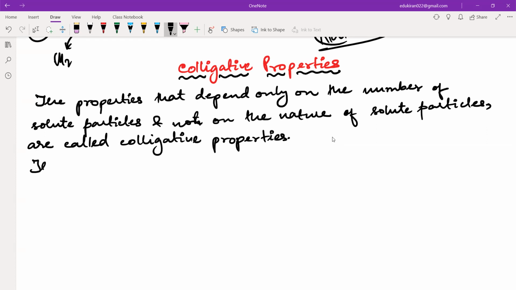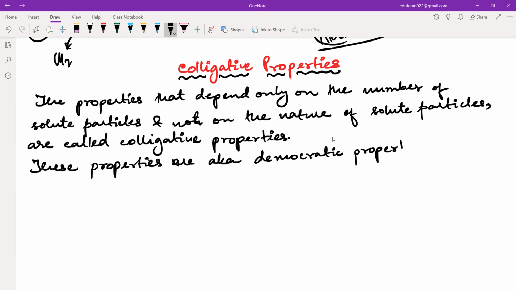Okay, these properties are also known as democratic properties.